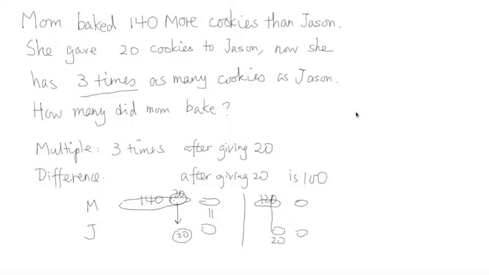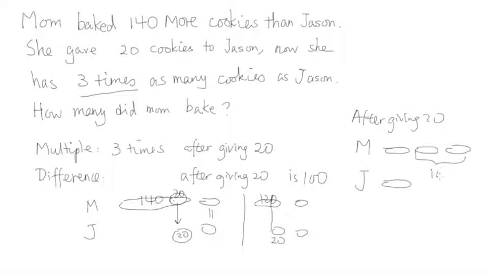So this is the picture after mom has given 20 cookies. You can do this picture we do all the time. The difference is going to be 100, and mom has 3 times as many, so you can draw 3 bars to represent that, which means these 2 bars are the difference.